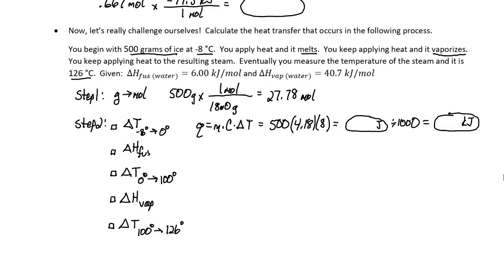Now let's do the second stage of the process. We want to do a calculation that involves delta H fusion. So write down the quantity of ice that we have. This time it's the number that uses moles, not the number that uses grams. And our fraction will have the delta H fusion value, and that's given in the story.